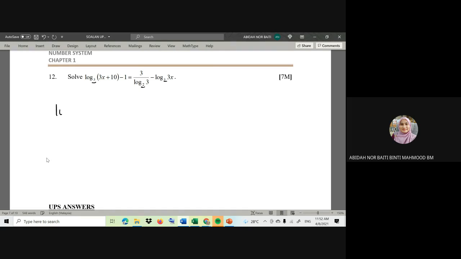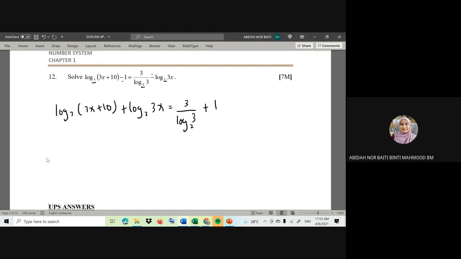Log 3, 3x plus 10. This is minus, so minus become plus. Log 3, 3x. Okay, negative 1 ni saya rearrange. Pindah belah kanan. 3 over log 3 base 2, negative 1 become positive 1.